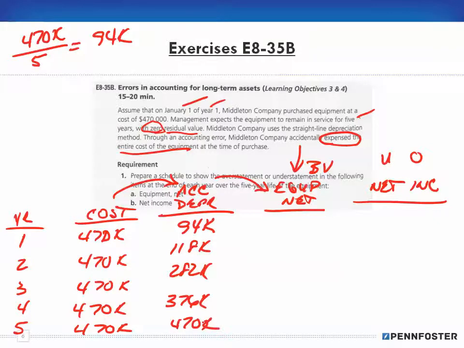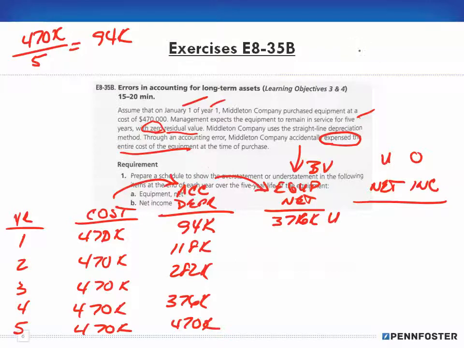Now, as far as our book value on our balance sheet is concerned, our net here should have been 470 less 94, or 376,000. And on our balance sheet, that is understated because we didn't put anything on our books as far as our asset is concerned.